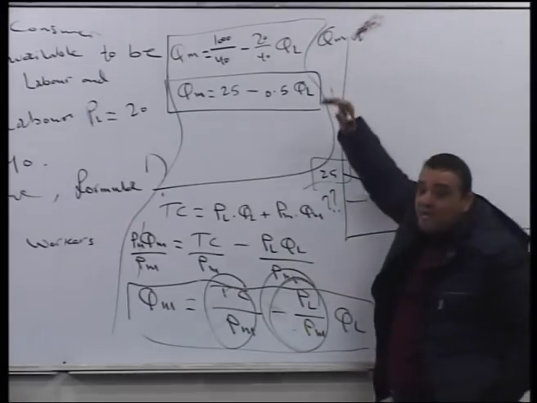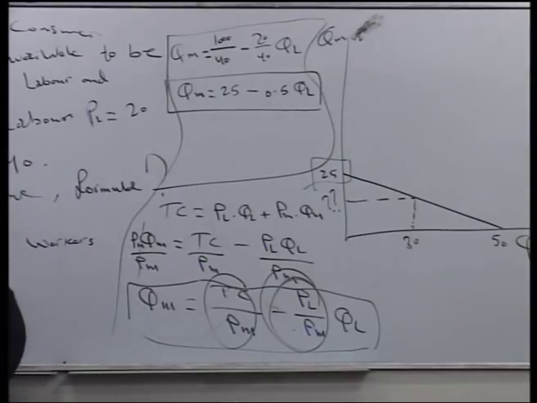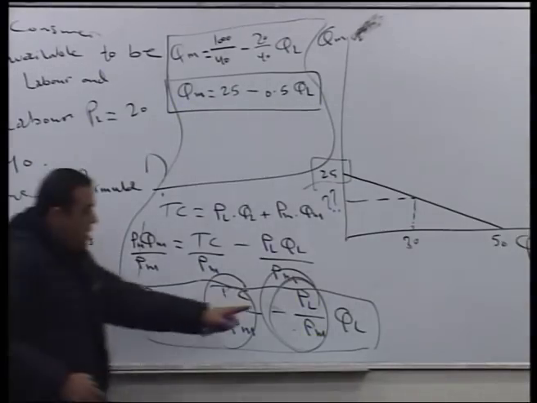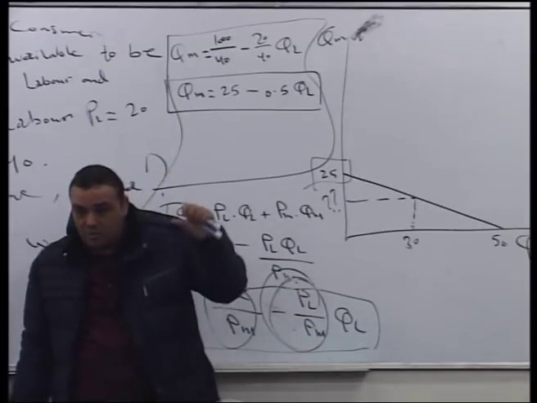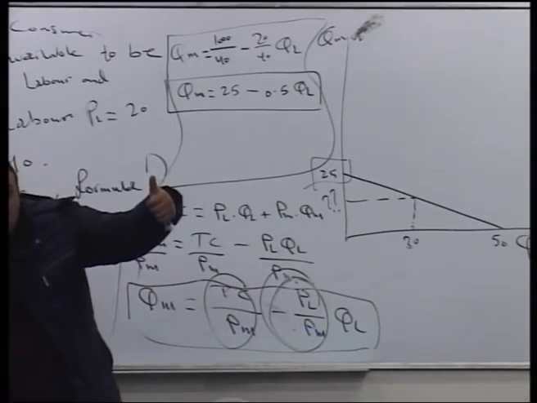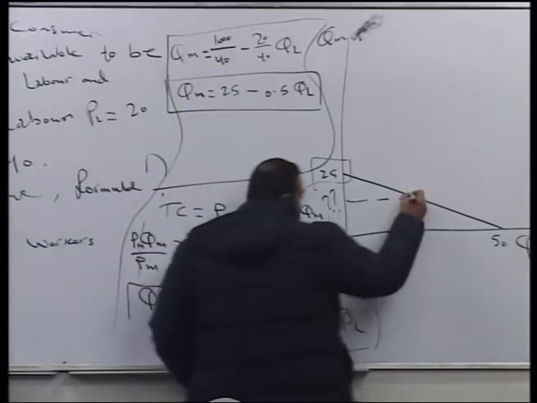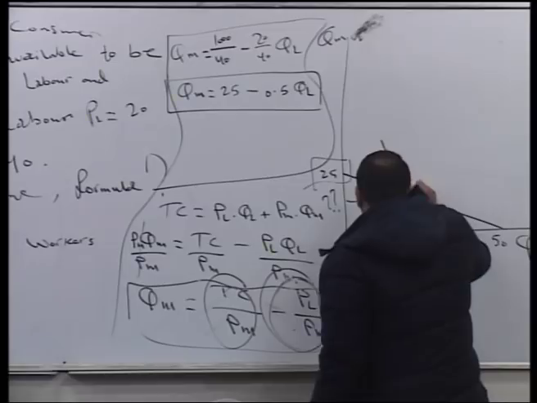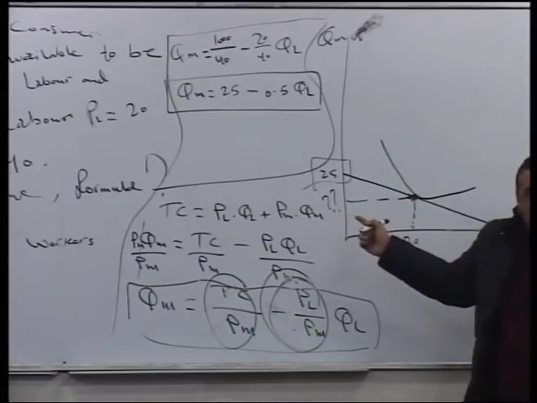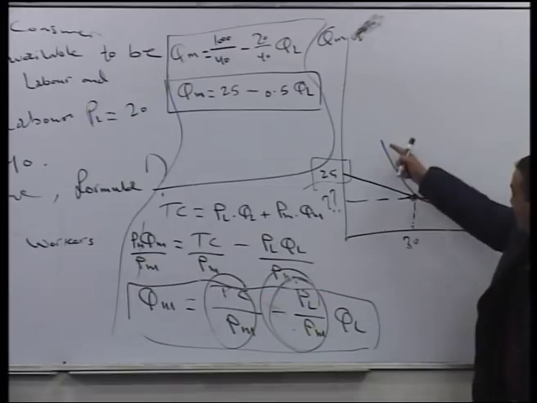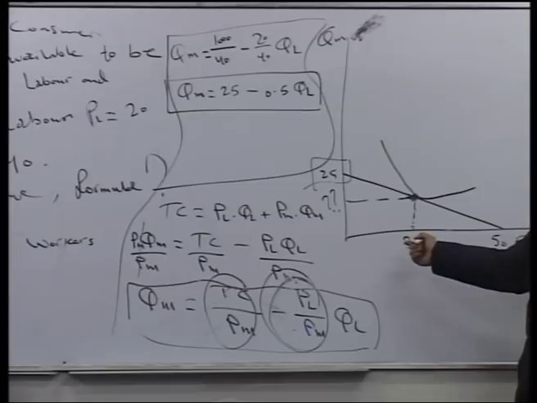If it says that the producer equilibrium occurs when QL equals 30, how much is QM? The next question: where does the producer equilibrium occur? Here we assume it is at tangency, when there is a tangency between the iso-cost line and the isoquant curve. This is the producer equilibrium.